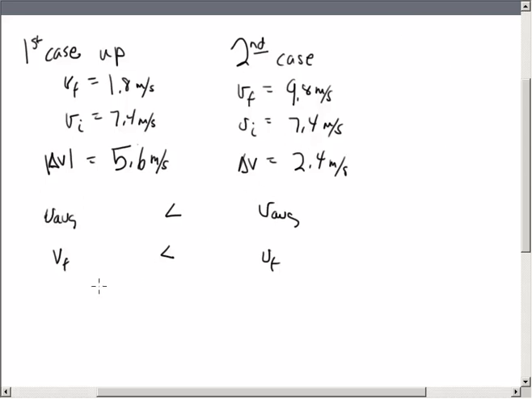We can also observe that since the average velocity here in the first case is less than the average velocity in the second case, then the time going up is going to be greater than the time going down. And since our change in velocity is equal to minus g t up, and here minus g t down, since t up is bigger than t down, then the change here will be bigger in the first case than it is in the second case.